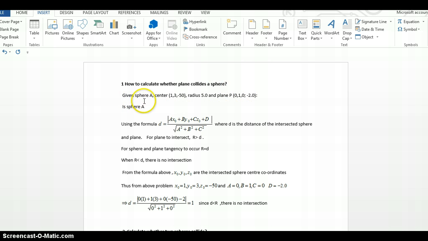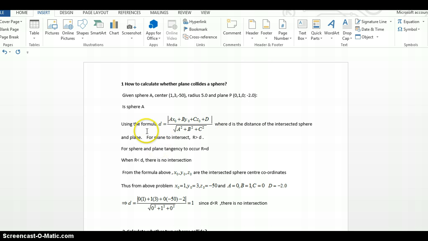Given sphere A having a center with coordinates 1, 3 and minus 50, and the radius of the sphere is 5.0, and we also have a plane P having coordinates 0, 1, 0, and with D to be minus 2.0.